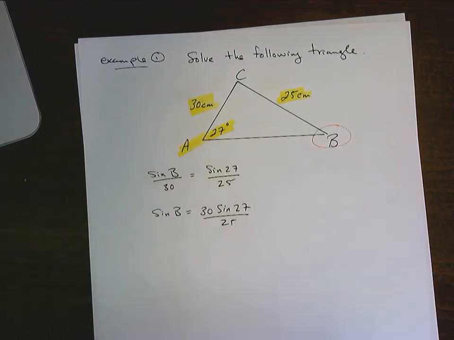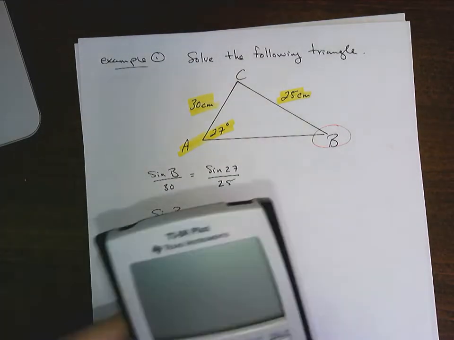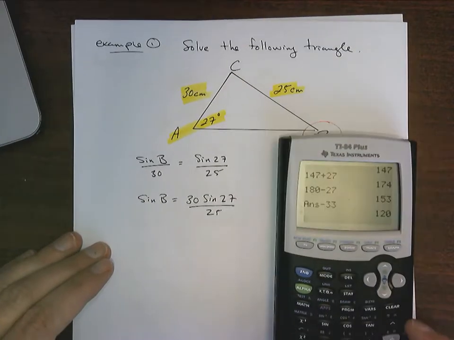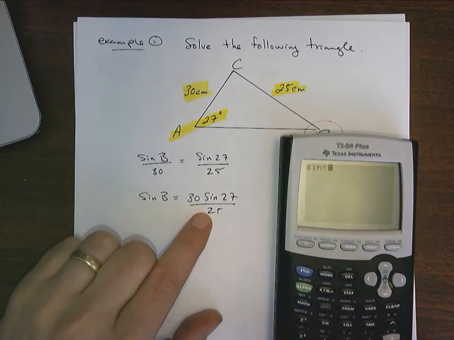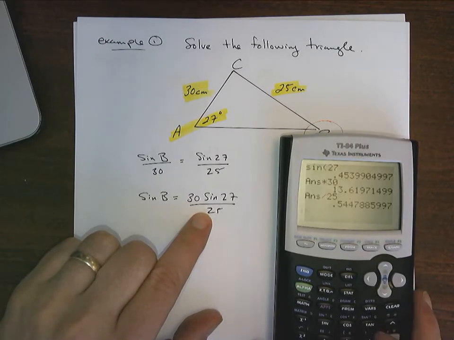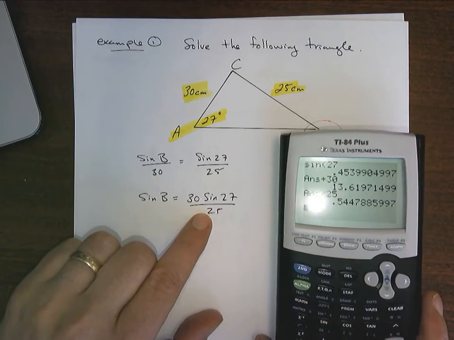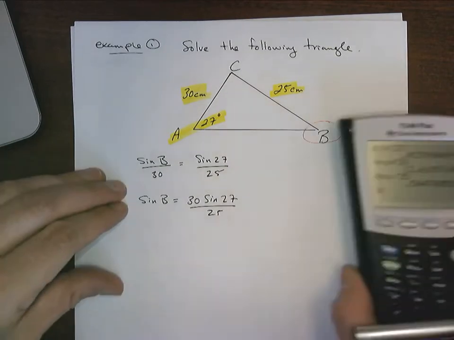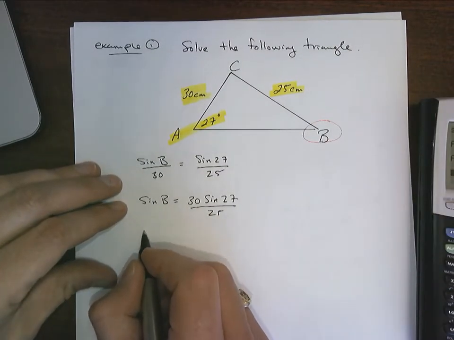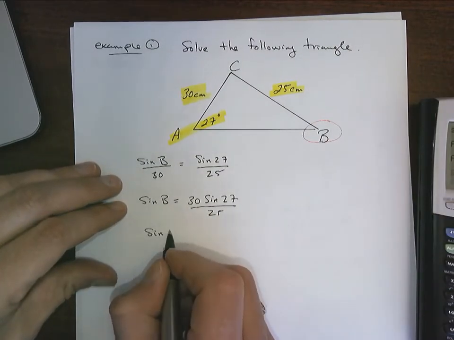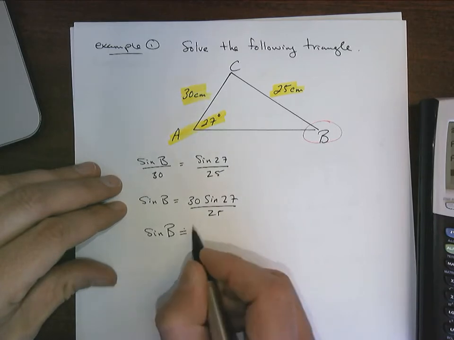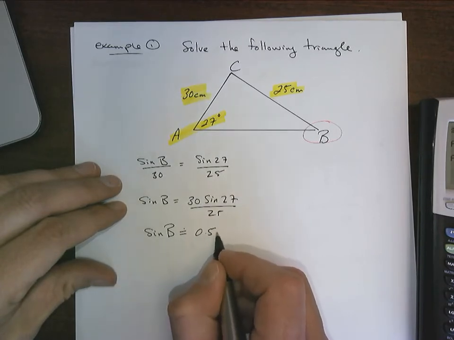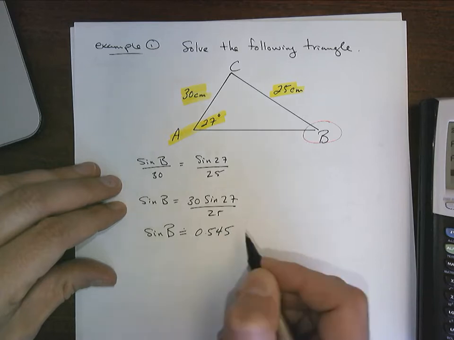So grabbing a calculator and working through that, I'm going to have sine 27 equals times 30 equals divided by 25 equals, and it's approximately 0.5445 if I wanted to give it an estimate, a rounding. So it's going to be sine of B equals approximately 0.545.